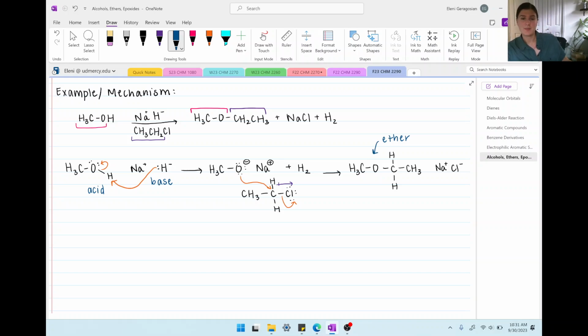If we just practice some naming here, our product, we have a methyl group and an ethyl group in the ether. Those are the two groups bonded to the oxygen. So the name of this is ethyl methyl ether.